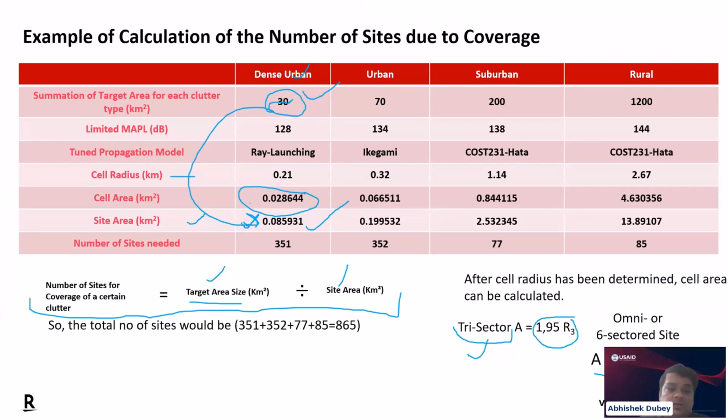Let's say you received 351 sites from dense urban, 352 from urban, 77 from suburban, and 85 from rural. Together it will be 865. So you require 865 sites to serve the area I just explained, or any area provided by the customer. This is just an example. Hope it is clear to everyone.